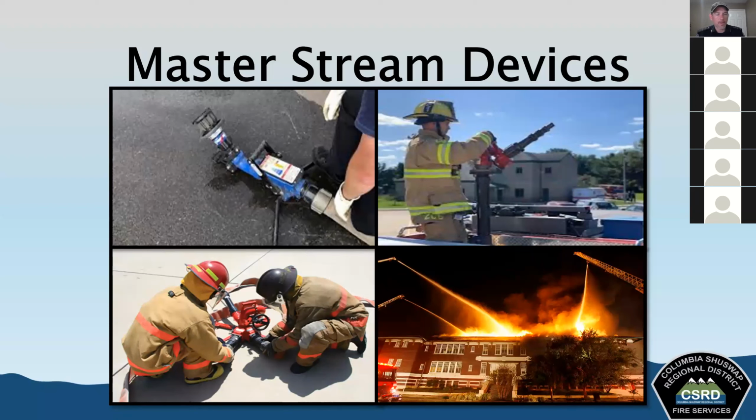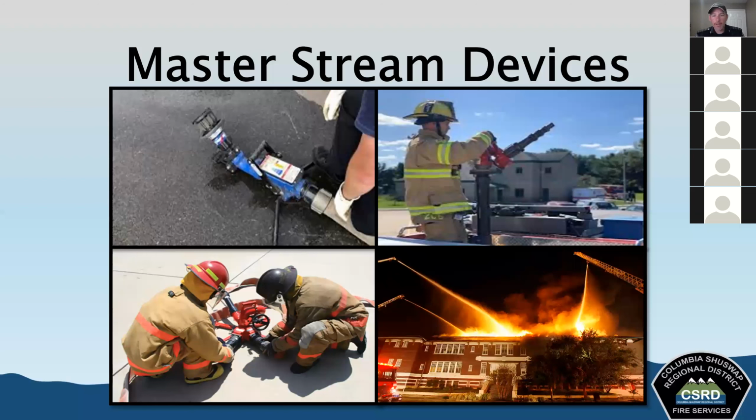A couple of the main uses are a direct fire attack right at the burning fuels, an indirect fire attack, meaning we're going up into that hot smoke layer as we talked about, a supplement for hand lines that are already attacking the fire from the exterior, or to provide exposure protection and protect the things that aren't on fire.